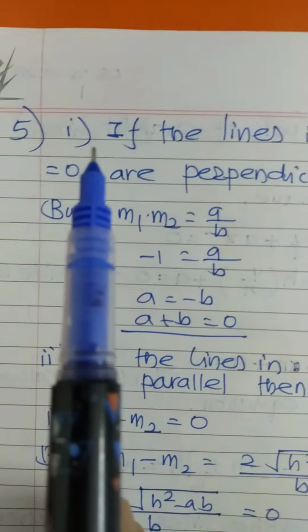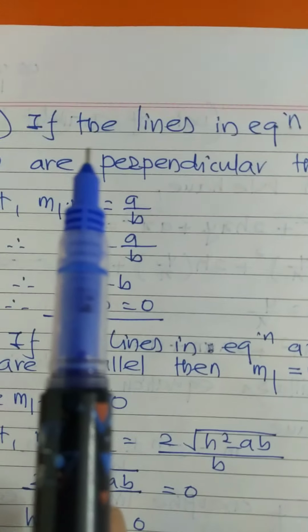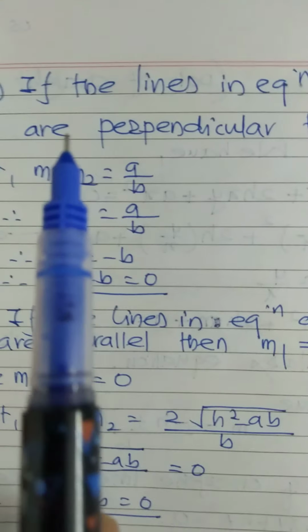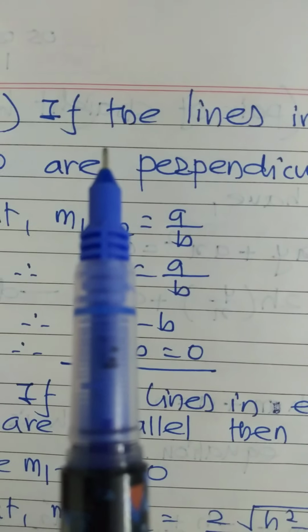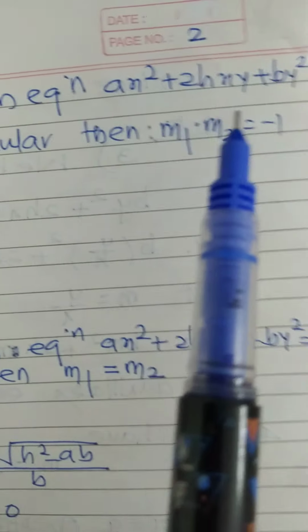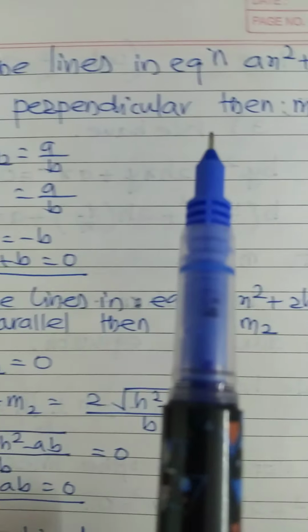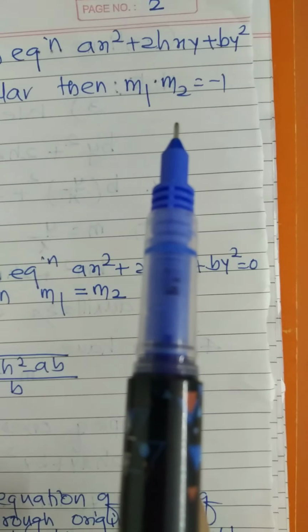Next, number 5. Suppose in the equation ax square plus 2hxy plus by square equals to 0, the lines are perpendicular. Then you know the basic condition: product of slopes equals to minus 1.